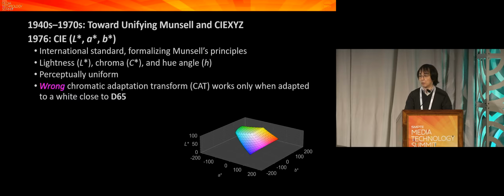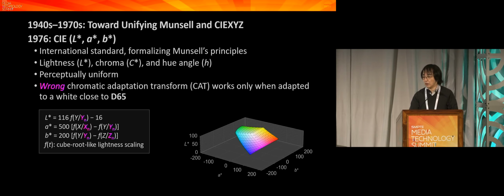Lightness L star, chroma C star, and hue angle h were defined in a perceptually uniform space. Here are the equations of the CIELAB model. XYZ values are normalized for each channel, which oversimplifies the chromatic adaptation. So it's called the wrong von Kries transform, making CIELAB accurate only around the D65 white point.